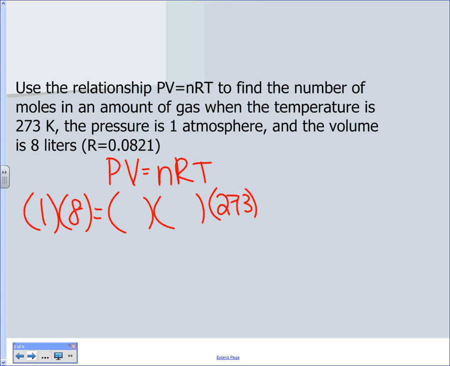Make sense? Now we have N and R. So what are we solving for? You see how that works? R. Constant means it's a number. Like pi is a constant. Any other questions on that part?